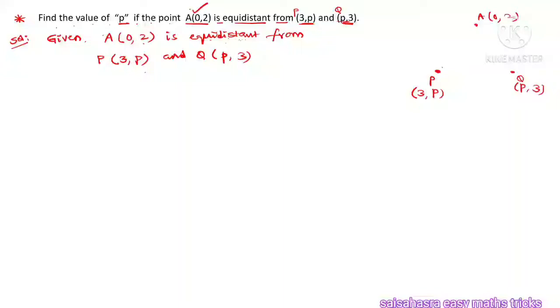This A point has equal distance from P and Q. That means A to P distance is how much? A to Q also the same distance, equidistant. So A has equal distance from P as well as Q. That means the distance PA is equal to the distance QA.